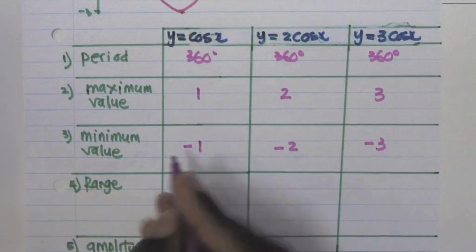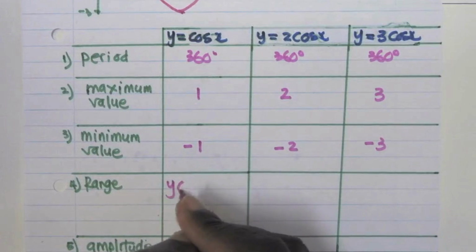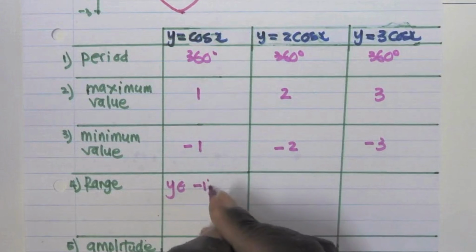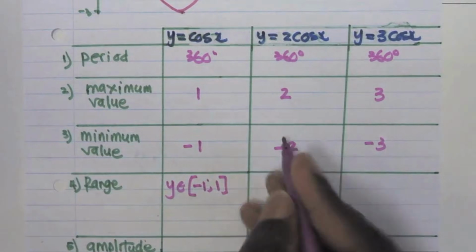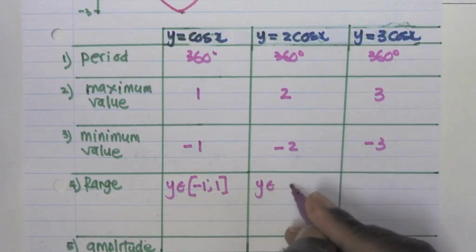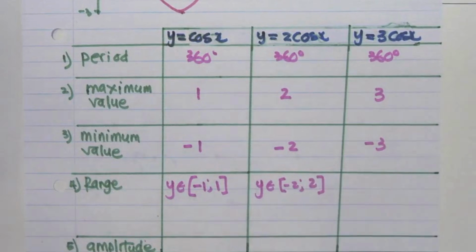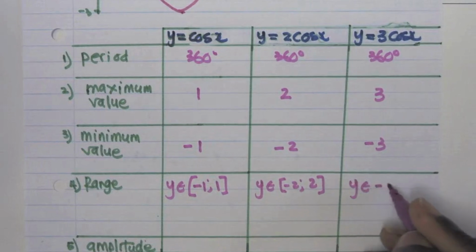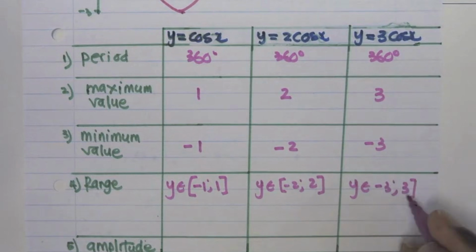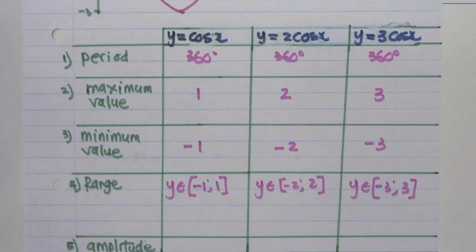I can now find the range, and I can write it using the interval notation. And for the second one, I can also write it as, and then for the last one, it's from -3 to 3. And remember, when we are finding the range, we are looking for the y values, the lowest value, and then the highest value.